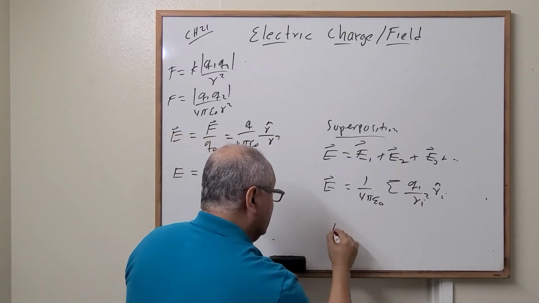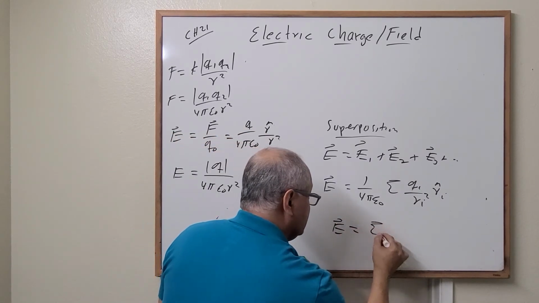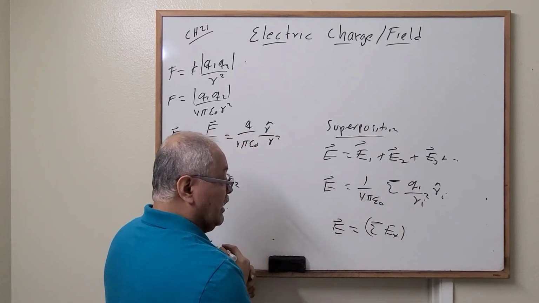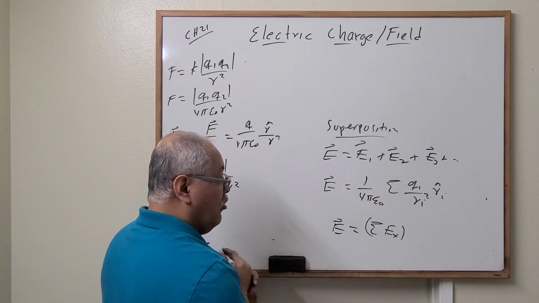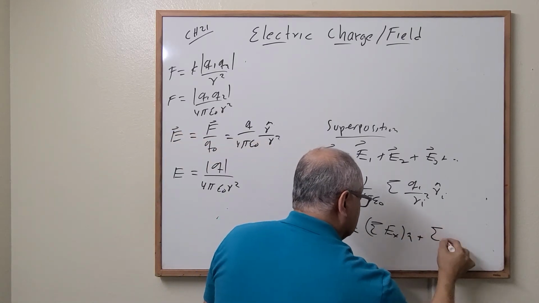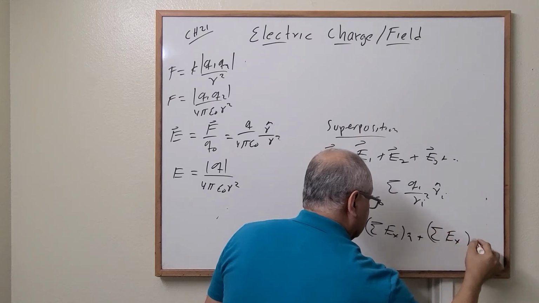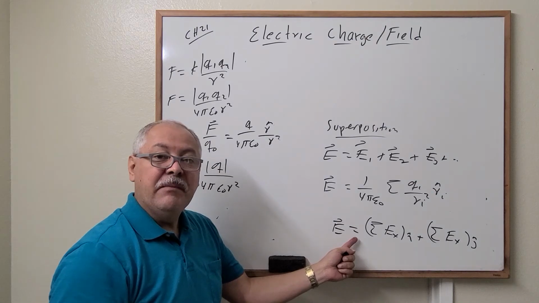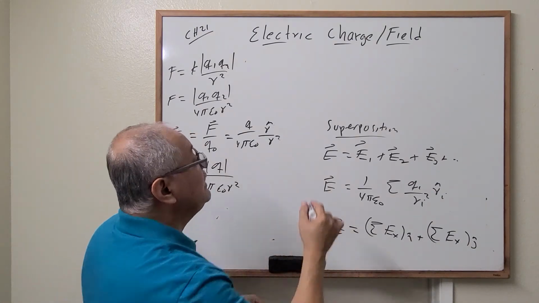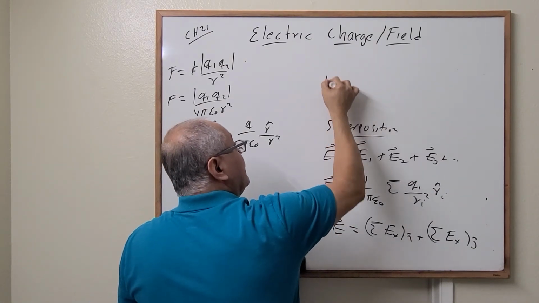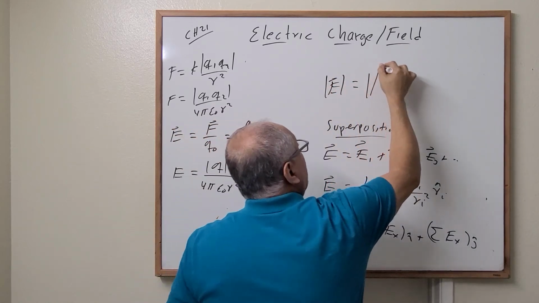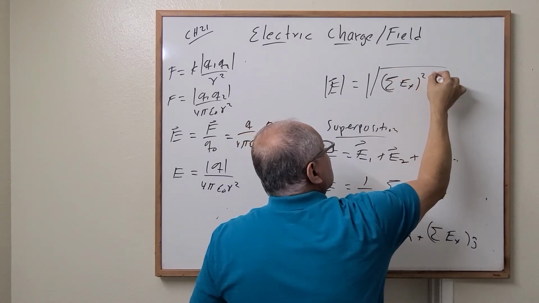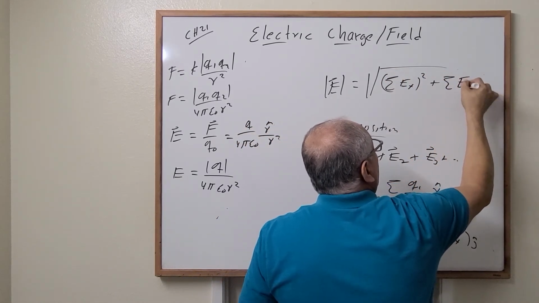Using components, the electric field is equal to the sum of the component in the x direction plus the component in the y direction. And we combine them. Later, of course, we can find the magnitude. What should be the magnitude? The magnitude of the electric field is equal to the square root of the sum in the x direction squared plus the sum in the y direction squared.